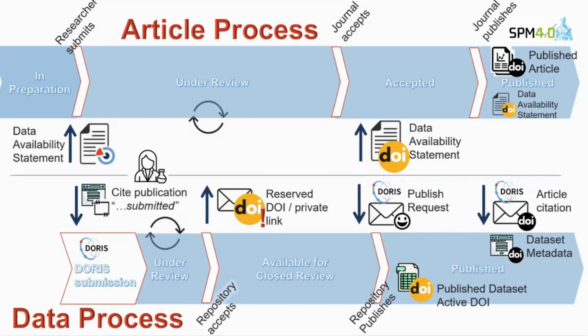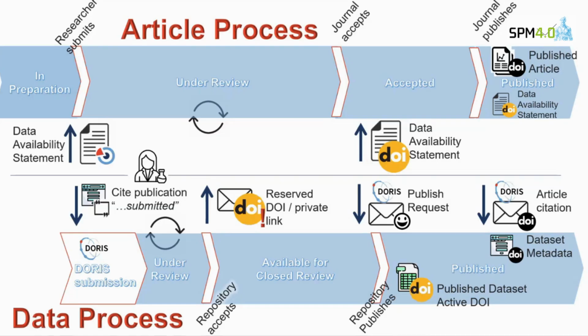So it's a link. Someone clicks on it, nothing will happen. It will just say, this DOI doesn't exist. That's because it's reserved, but it's not published, because you don't want the data set published before the journal paper is accepted. So in some cases, I mean, we always provide a private link as well, which you can provide to the journal if they want it. But anyway, you've got a DOI, it's just not active.